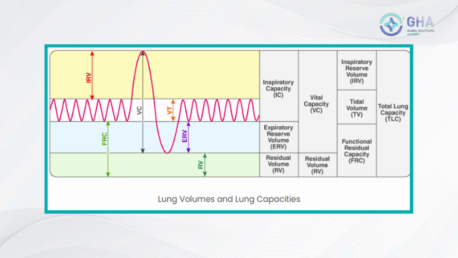The most important thing here is the FRC, the functional residual capacity, which is the volume of the lungs present at the end of passive respiration. This is the lung volume at which the pulmonary vascular resistance is the least. And this is very, very low in premature babies.